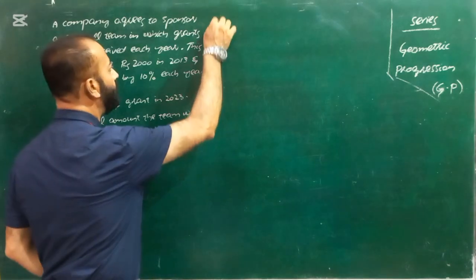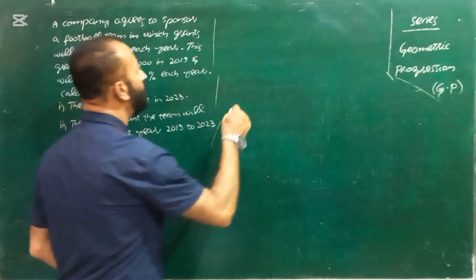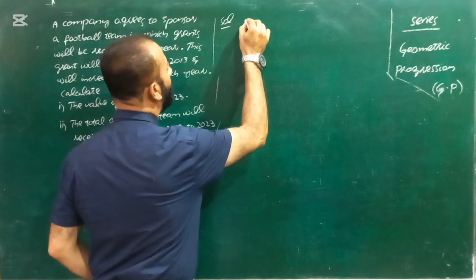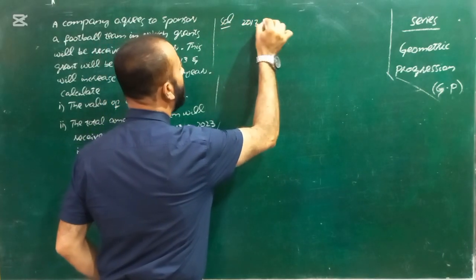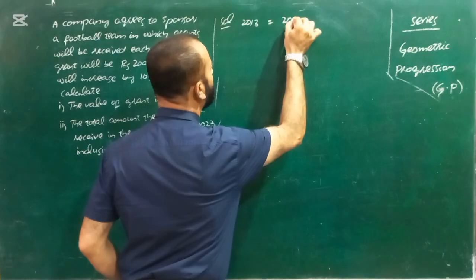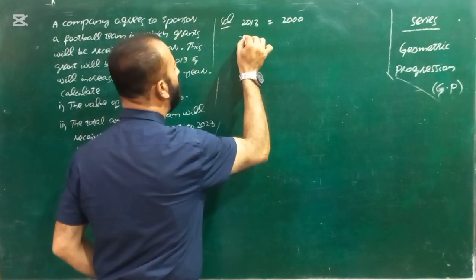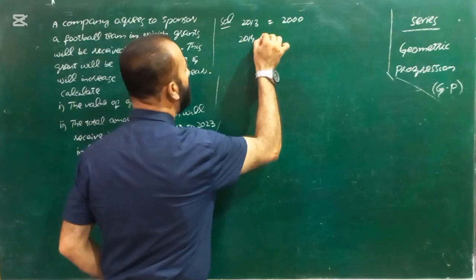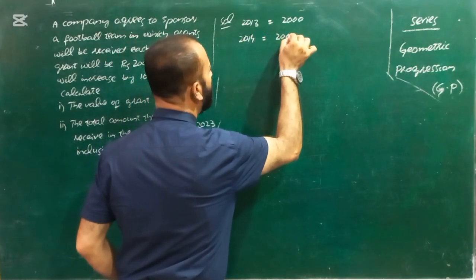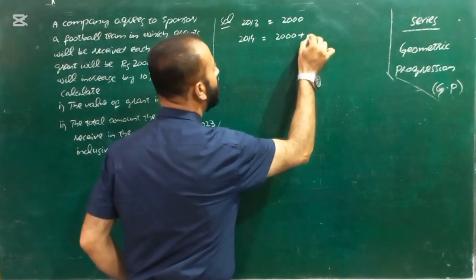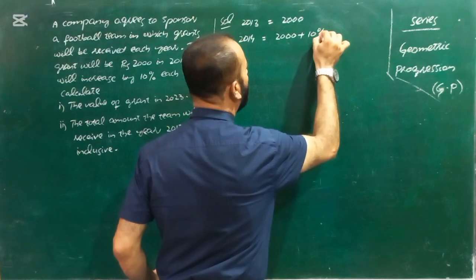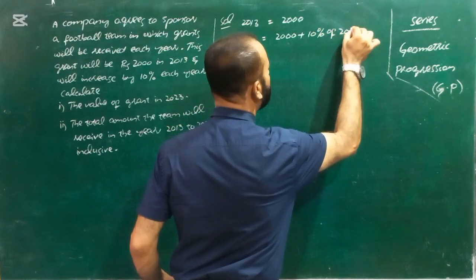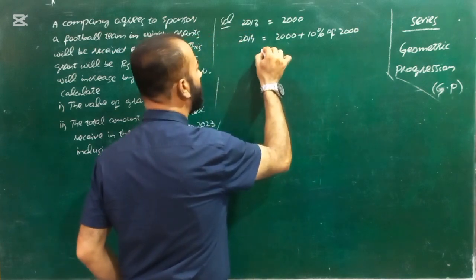Okay, look now. First we have to make the progression. So in 2013, the grant was 2000. In 2014, the grant will be 2000 plus 10% of 2000, because it is going to be increased by 10% of the previous year.